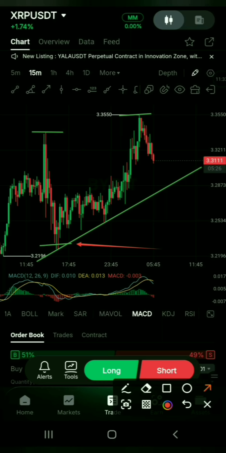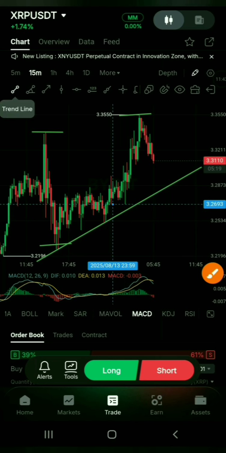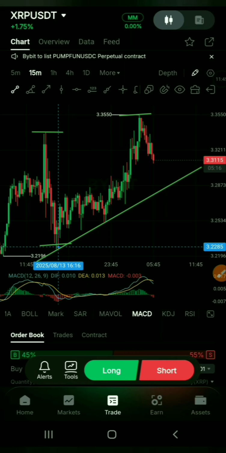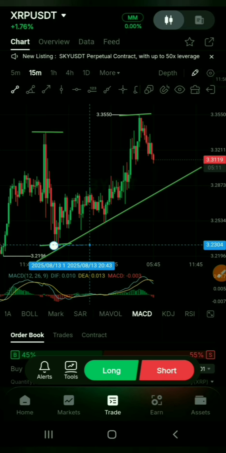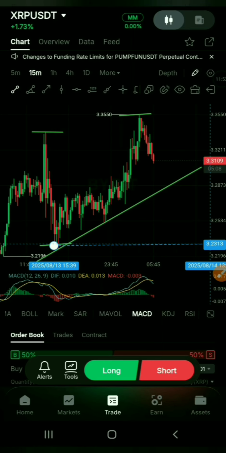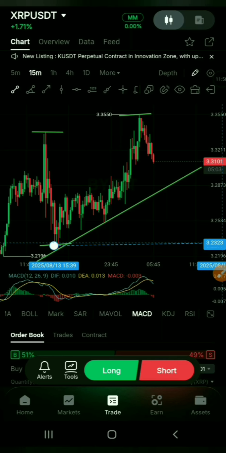So in order for you to actually know that we are on a new downtrend, okay, to confirm a downtrend move, all you have to do is to take your trend line, get to this point. Okay, when you get to this point, you mark it out just like this. Now this is your guide to know if we have a change of character or not.